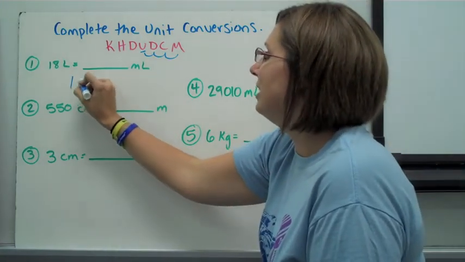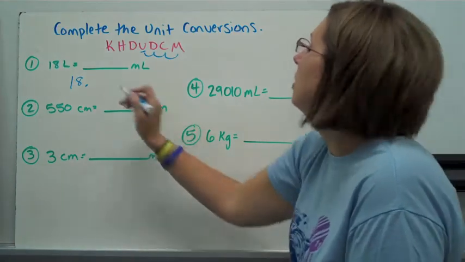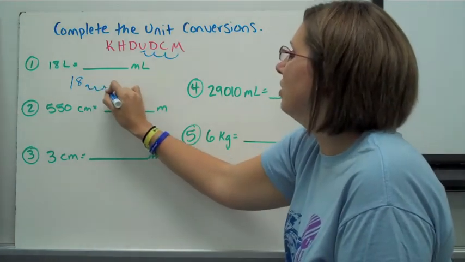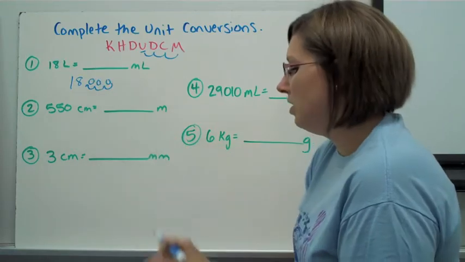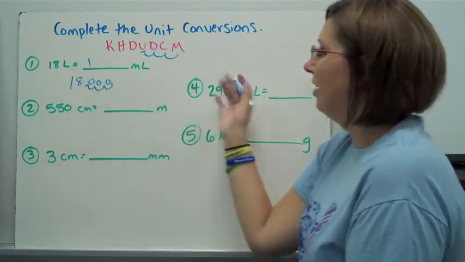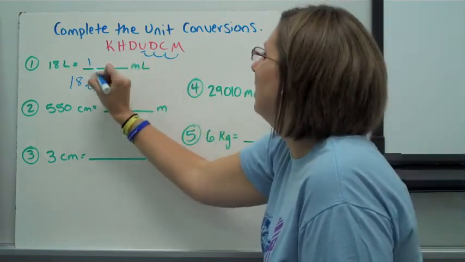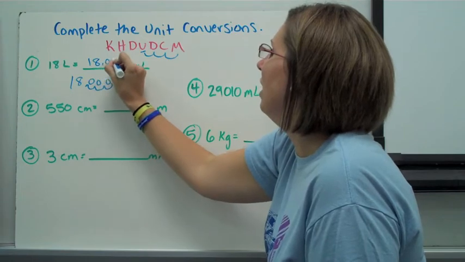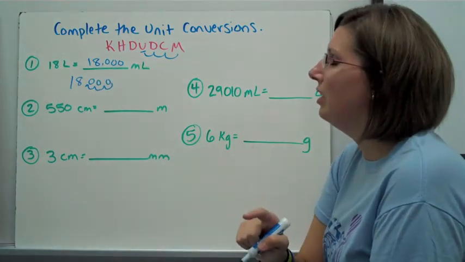In the number 18, the decimal is located right there. I'm going to move the decimal 3 places to the right and fill in any zeros. So the conversion is 18,000 milliliters are in 18 liters.